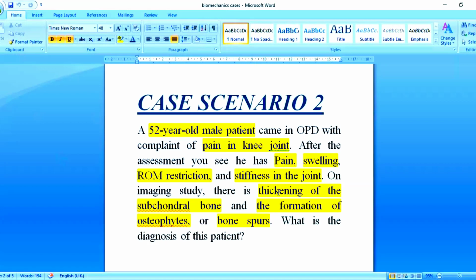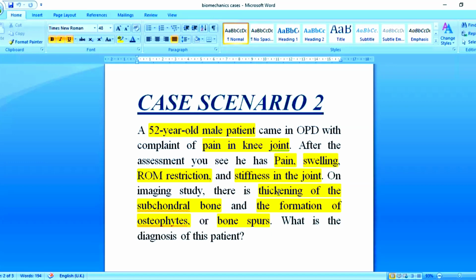And the formation of osteophytes or bone spurs: osteophytes are basically bone erosions, or the bone itself can get prominences, or you can say spurs. So in this case, what is the diagnosis of the patient? We have to identify that.